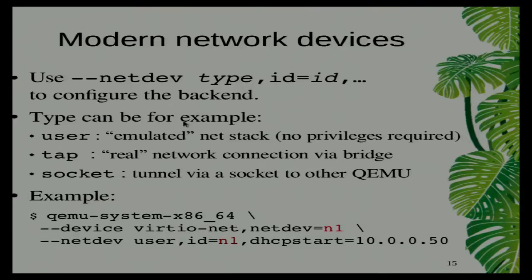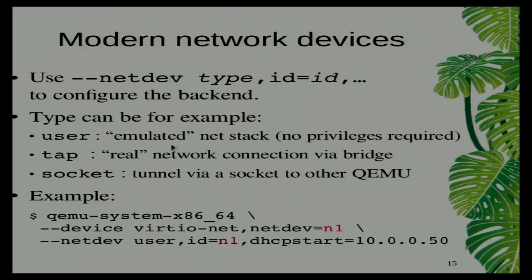And the type can be, for example, user for a fully emulated network stack, which is quite nice because it does not require any privileges or a special bridge setup on the host, but it's a completely network address translated network. So by default, you cannot reach the guest from the outside. You have to do things like port forwarding. And of course, if your TCP traffic has problems with network address translation, then it's also not that good.